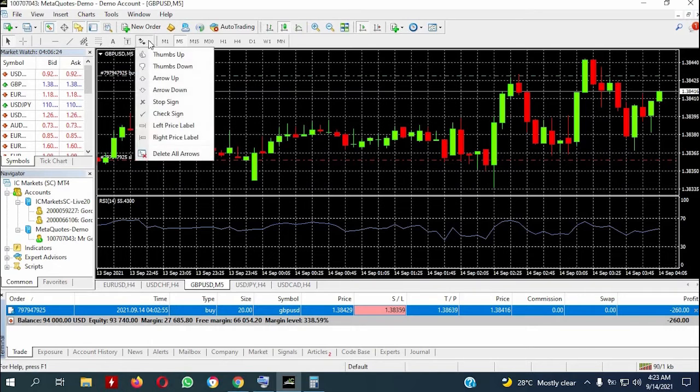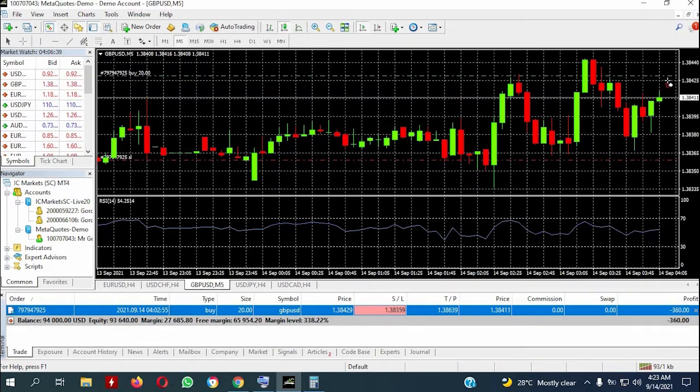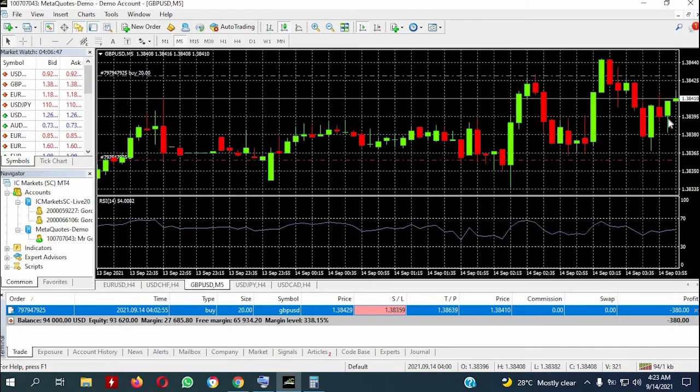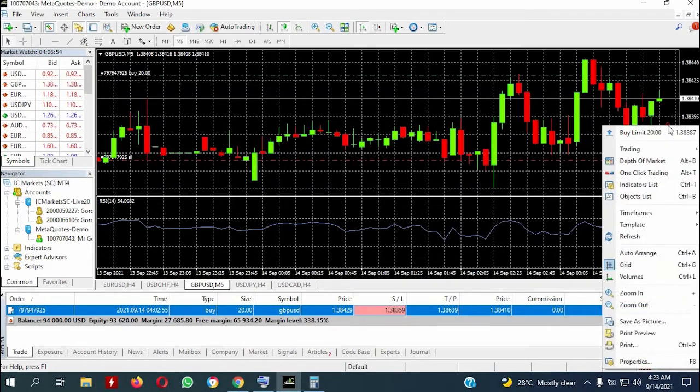As you can see over on the right hand side, the market is going up. So you can see the bull candles forming even though we are in negative, because of the spread. When we click buy, the spread was a bit too wide, so the entry point was higher than it was supposed to be. The entry point should have been right at the tip of that bull candle.